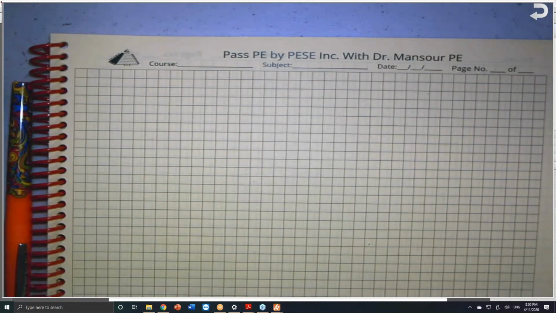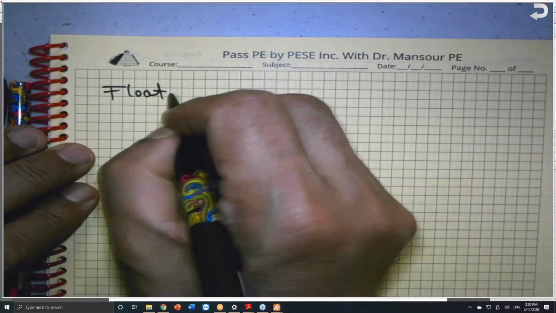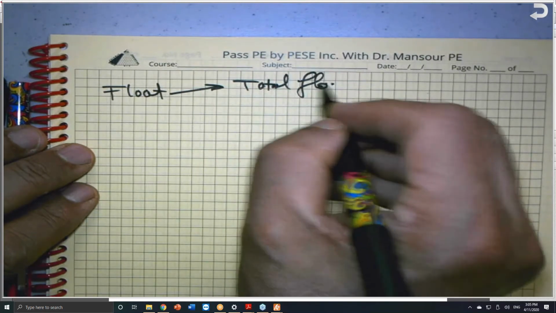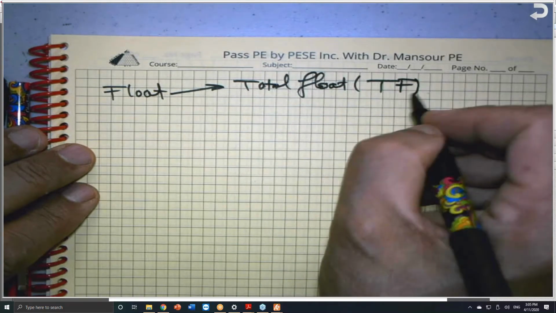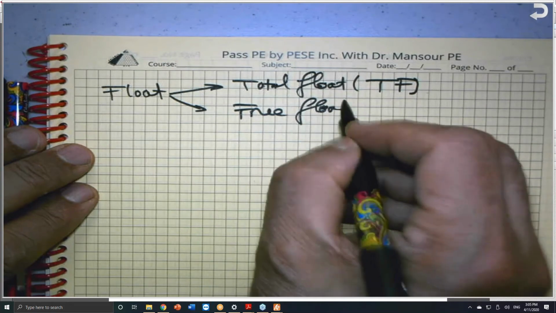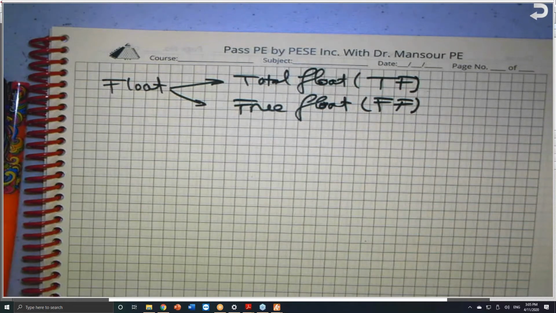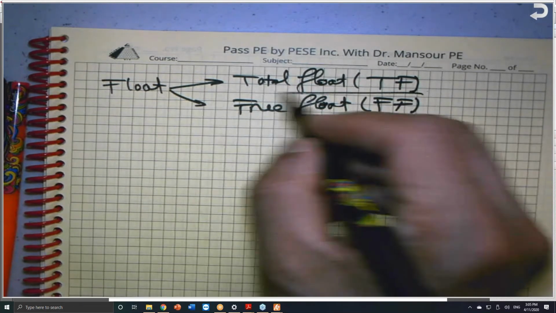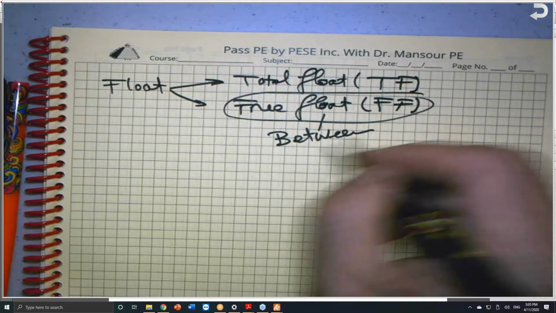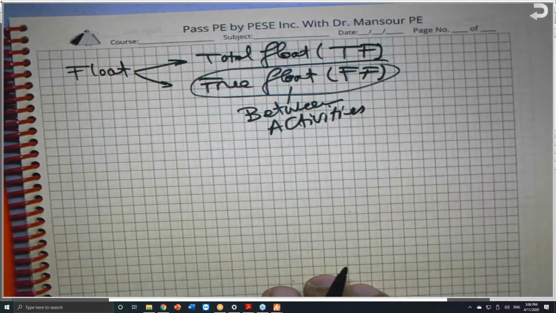We have the total float, which we call TF, and the free float, FF. The free float is between activities. And I have an equation in the book. It shows how to calculate the free float.